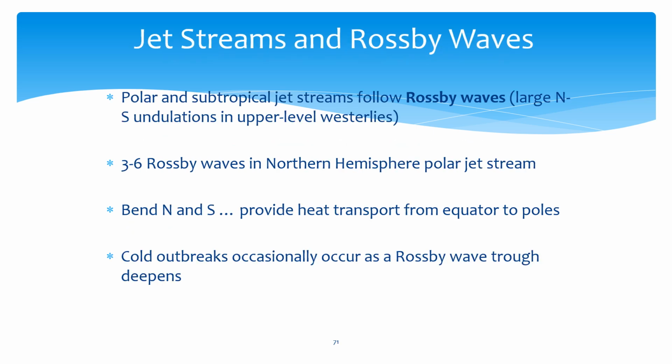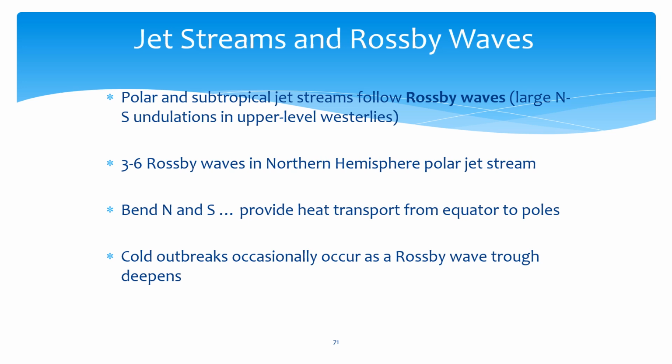Also notice that I have been saying these jet streams form around 30 degrees latitude and around 60 degrees latitude. I say this because those jet streams don't follow perfectly circular routes around the Earth. Instead, they follow undulating, meandering paths.